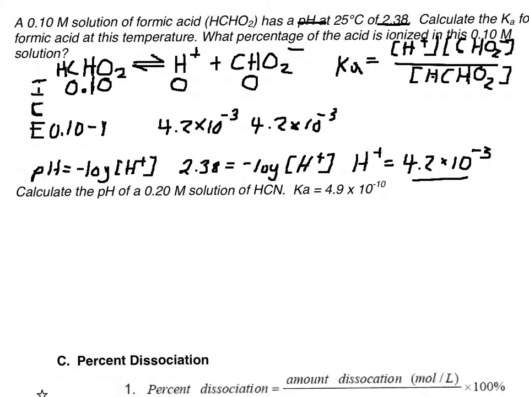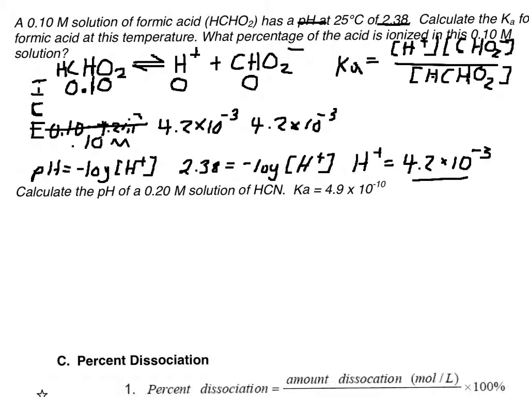I'll write that real small there. And 0.1 molar minus 4.2 times 10 to the negative third is pretty close to 0.1 molar, so I'm just going to leave it as 0.1 molar because that's easy.